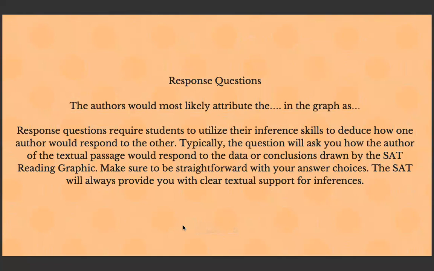Response questions. The authors would most likely attribute the in the graph as, okay, remember, look who's in charge, it's the authors. So the response questions require students to utilize their inferencing skills to figure out how one author would respond to another.